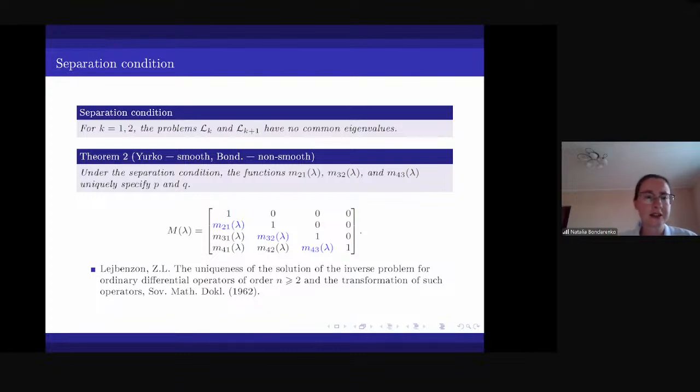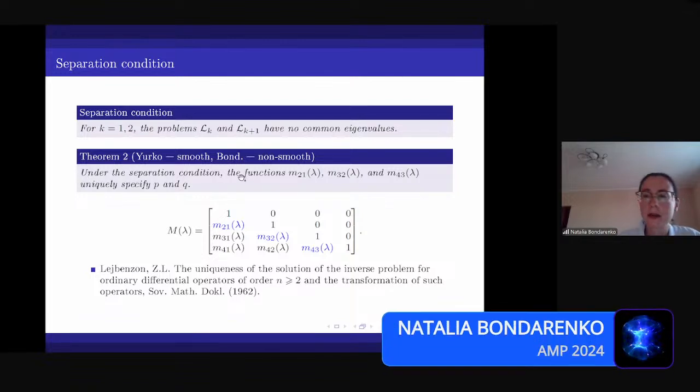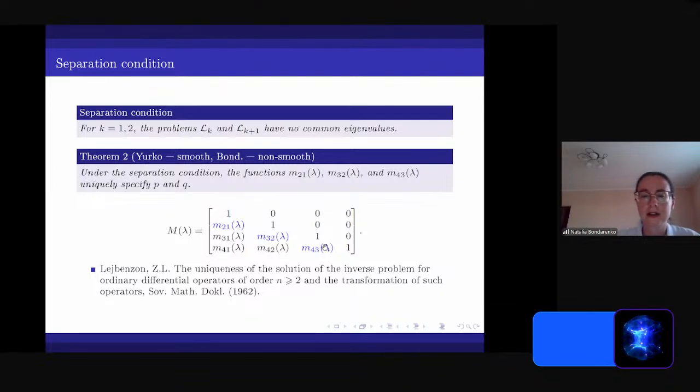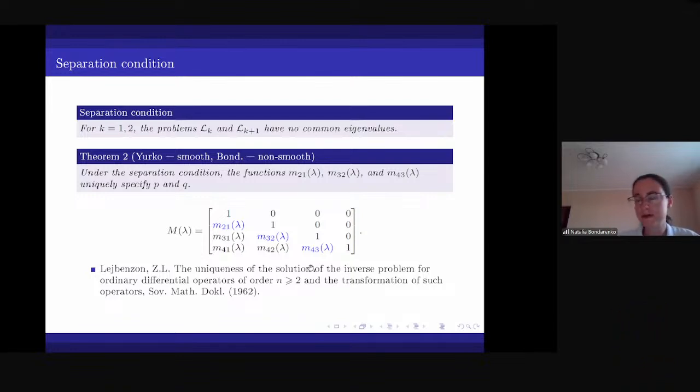And then under the separation condition, the following result holds. For the unique recovery of P and R, not only for P and Q, but for P, Q, and R, we can specify not the whole Weyl matrix, but only 3 elements which are colored by blue here. So we only need the elements under the main diagonal. And these elements will be sufficient for the unique reconstruction of the equation, not only for P and Q, but also for R.